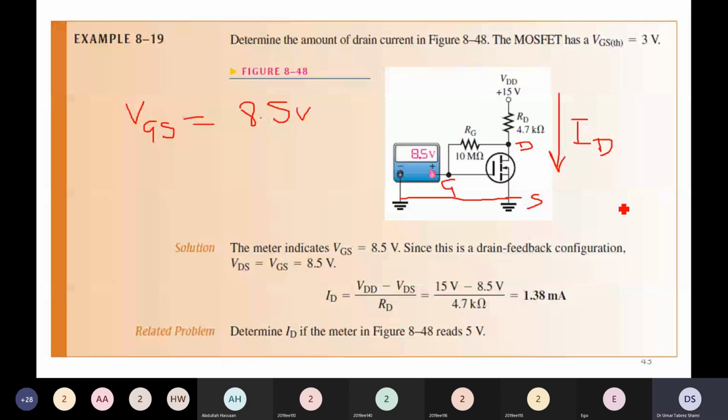Now have a look, have a very clear understanding of what is going on. If VGS is equal to 0, what is the current flowing into the gate, IG? What is the gate current?